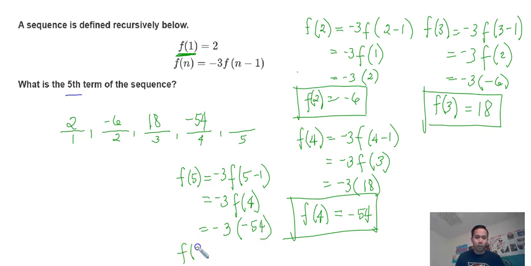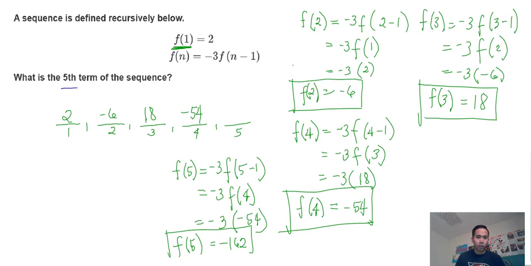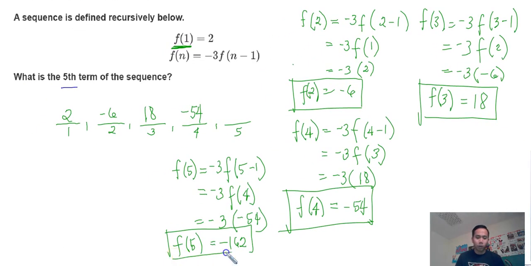Therefore, your f5 will be equivalent to negative 162. So I'm going to write this in a sequence: 2, negative 6, positive 18, then negative 54, and then negative 162.